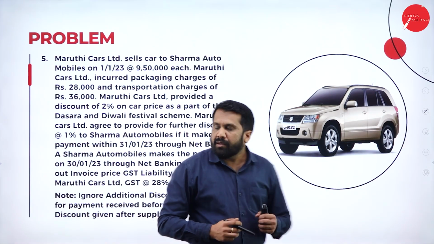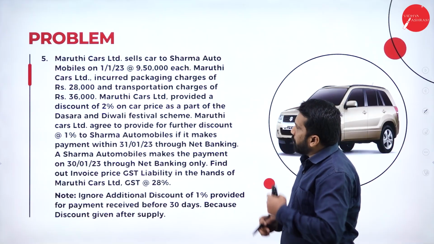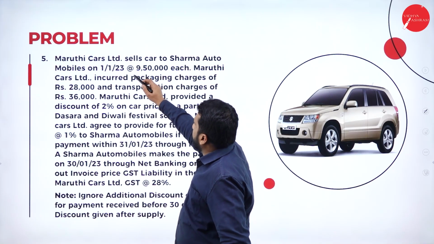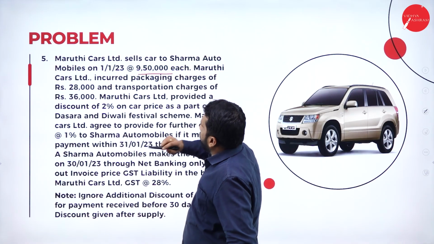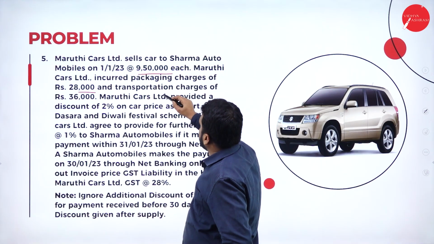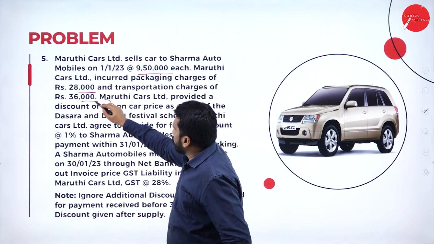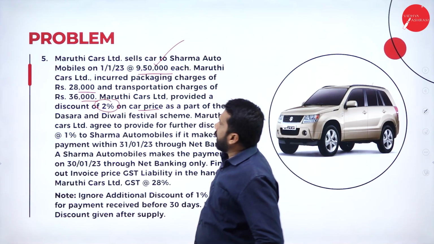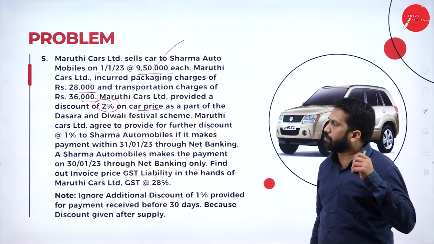Now, in discount, we'll go with one problem. Maruti Cars Limited sells a car to Sharma for 9,50,000 each. Insured packaging 28,000. Transportation 36,000. Provide discount 2% on car price. What is the car price? 9,50,000 is the car price.